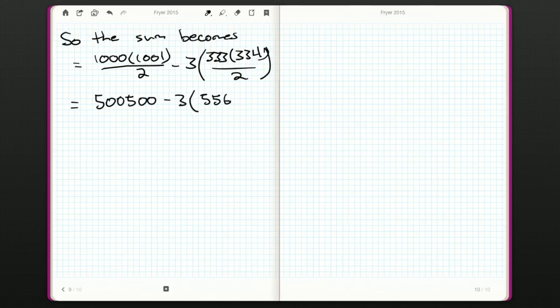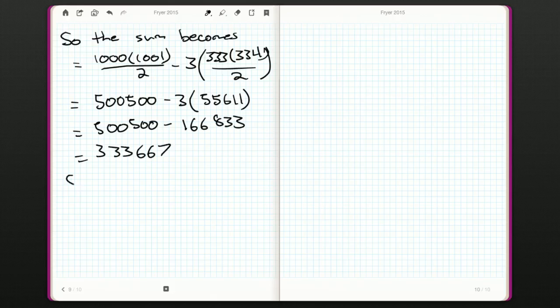We get 55,611. Multiply that by 3. We got 166,833. And then if we perform this subtraction calculation, we get 333,667.